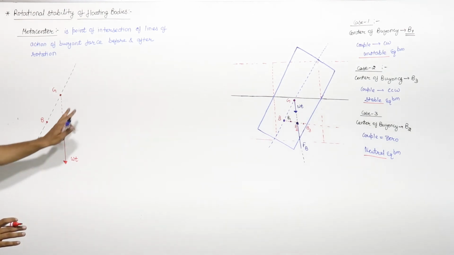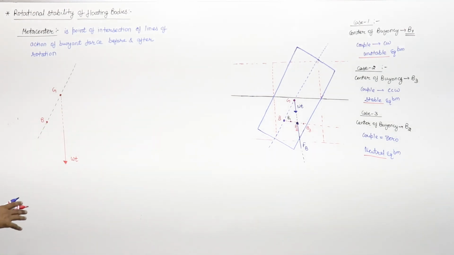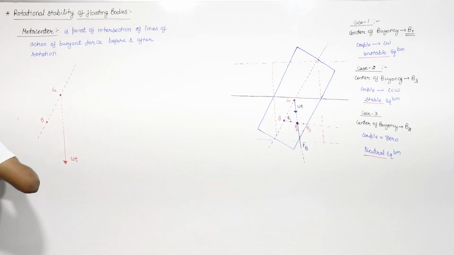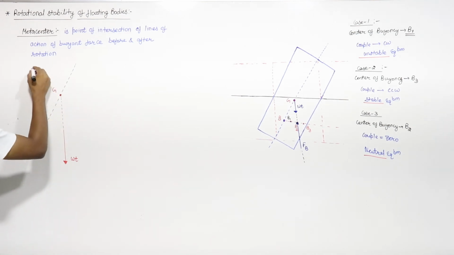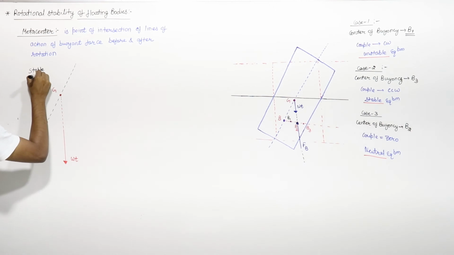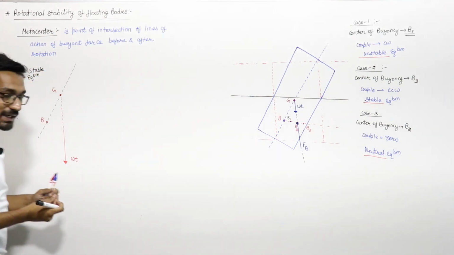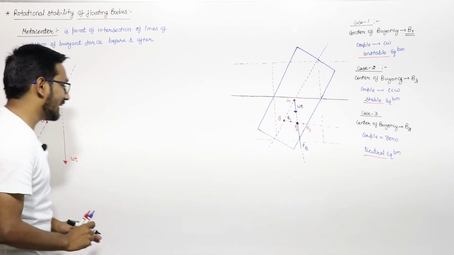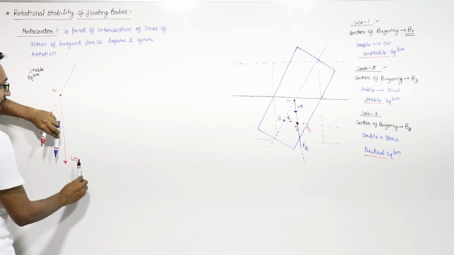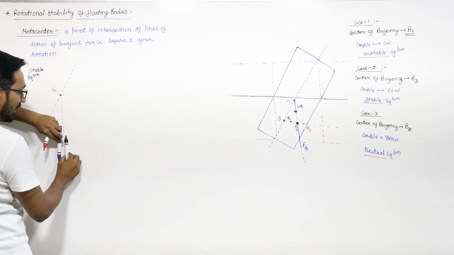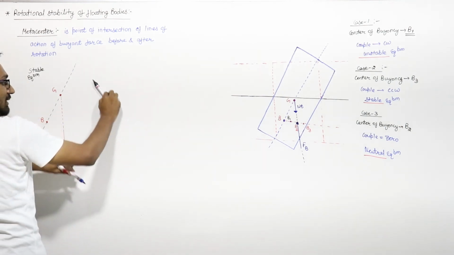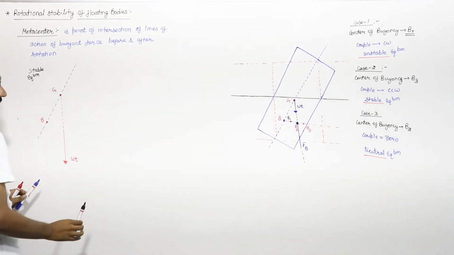Now if we want a stable equilibrium, you need a restoring couple in the counterclockwise direction. So if this force is in the downward direction, you need an upward force on the right side of this weight, so that it will give you a counterclockwise rotation.